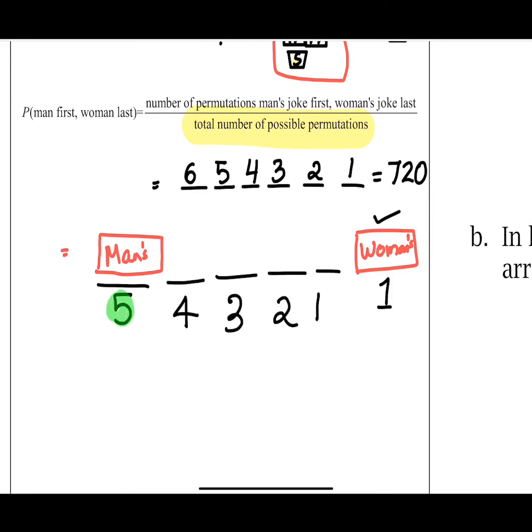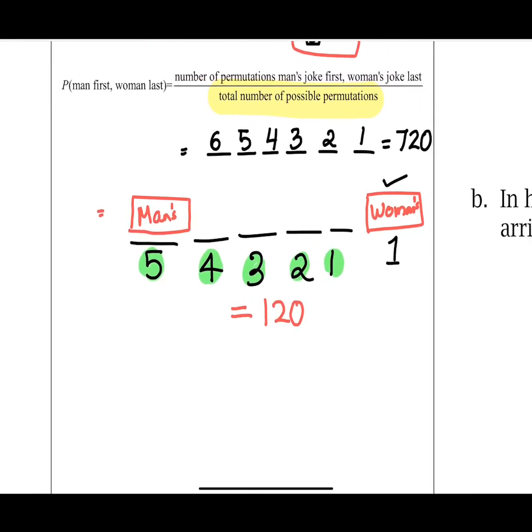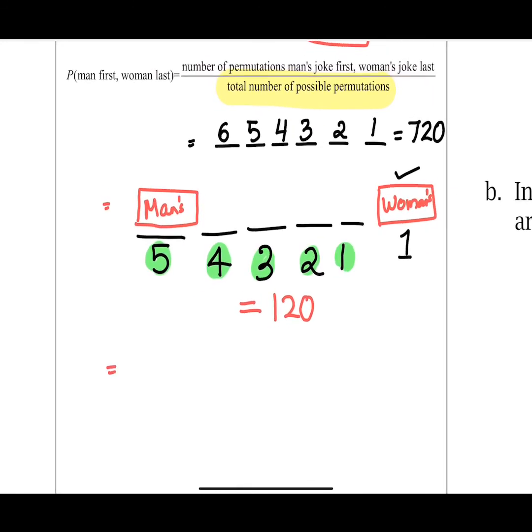Once the first man's joke is taken off, I'm left with 4. So the second has 4 options, the third has 3 options, then 2 and 1. When I multiply this, 5 times 4 times 3 times 2 times 1 is 120. Now if I put everything back, my probability is going to be 120 over 720, which is 1 over 6.